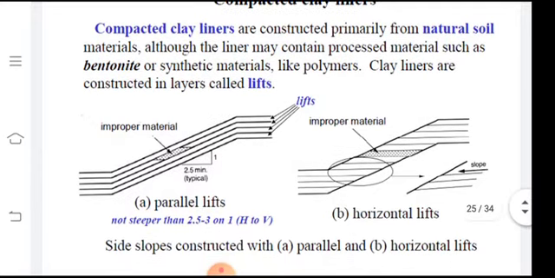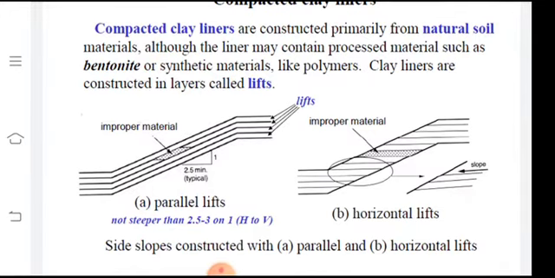That means bentonite is a much preferable liner, and that's why it is mixed with the other clay materials and other lining materials.